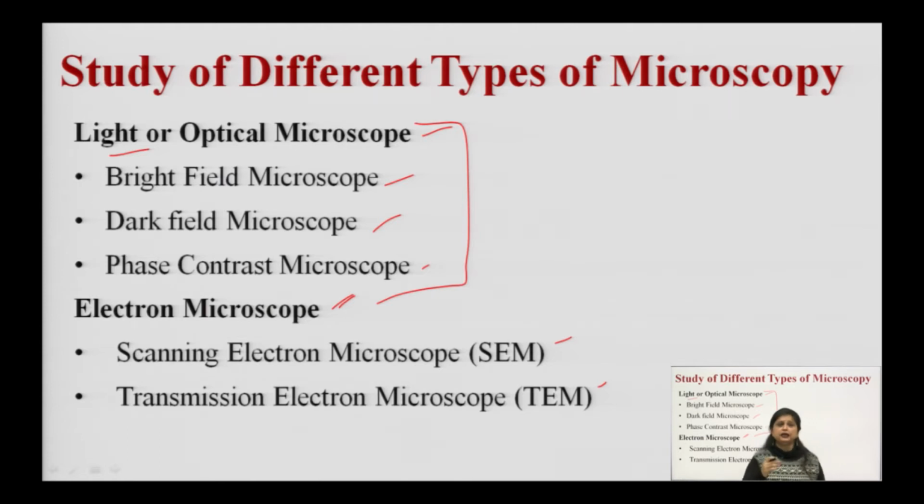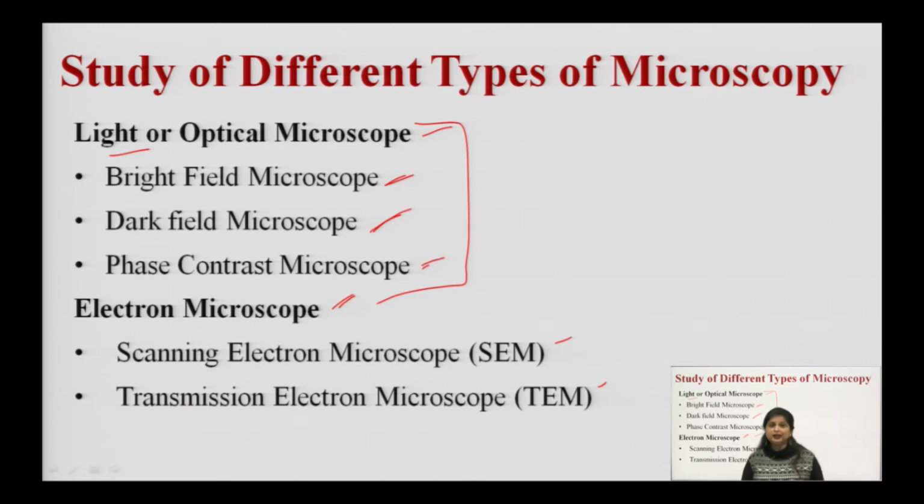We can easily see the normal microscopes which are generally available in the 12th class or 11th class, you must have seen. Even you must have seen them in some of the pharmaceutical labs also. That normal microscope we actually name bright field microscope, and the advanced versions of bright field microscopes are dark field microscopes and phase contrast microscopes.